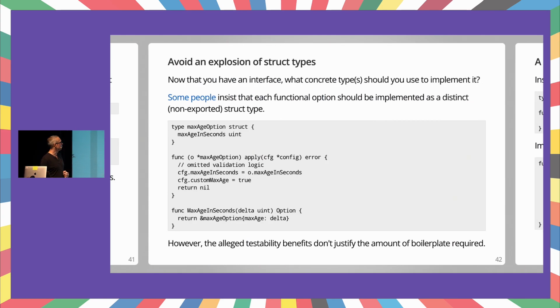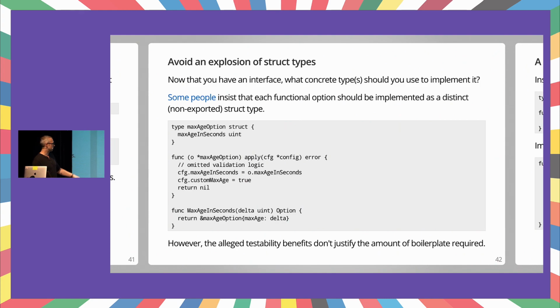Okay. And if you read, for example, the Uber style guide for Go, they insist that each option should be implemented as a non-exported struct type. So here's an example of how you would produce an option that allows users to configure the max age. And that's a lot of boilerplate.